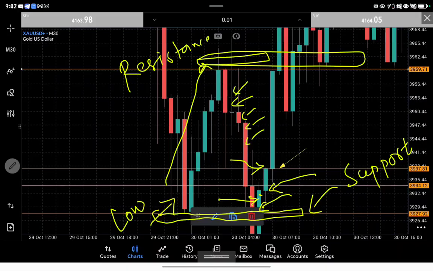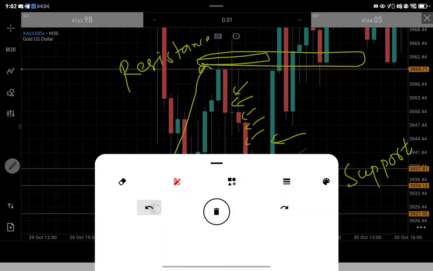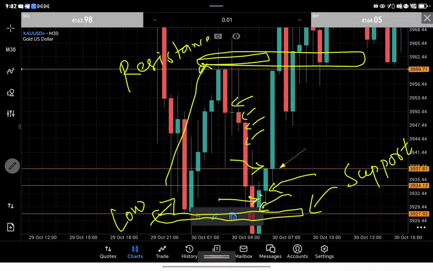So we must be interested if the next candle, this one, just opens at this level and creates a wick like this, then we might think about a buy at this point, right?